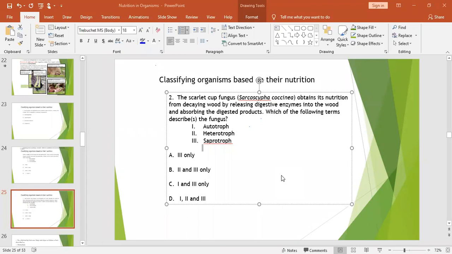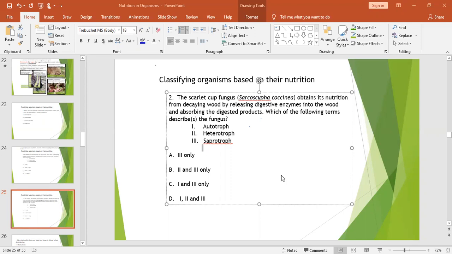Heterotroph, because they are feeding on ready-made food. Wood is already made, because the unmade food is from carbon dioxide and water. Saprotroph means that it digests the wood and then absorbs the product, which is also correct. So definitely the correct answers would have been two, heterotroph and saprotroph.